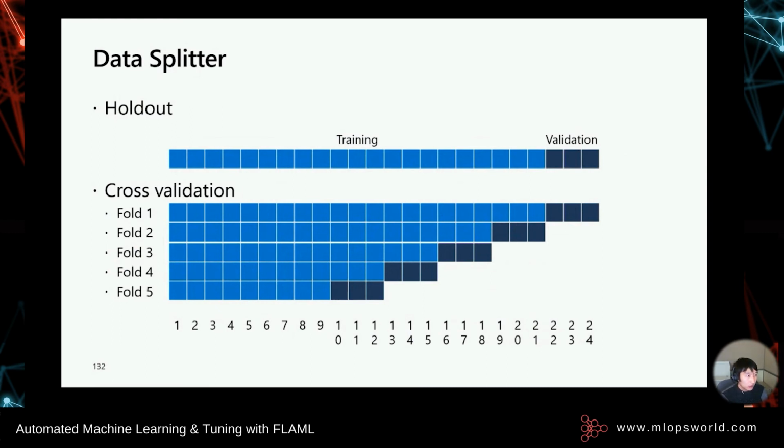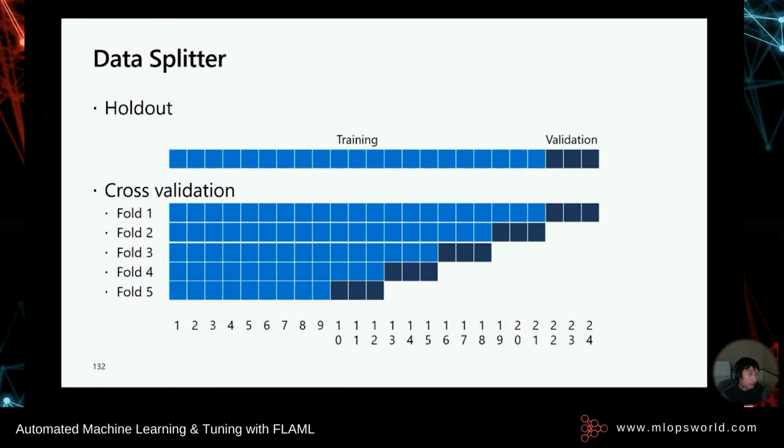For holdout, we use the last 3 months for validation, and the previous 21 months for training. For cross-validation, the first fold uses the last 3 months for validation as well. The second fold uses months 19 to 21 for validation, and the previous 18 months for training. This cross-validation method is named forward training.